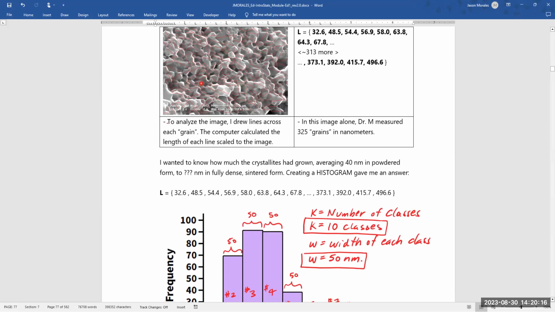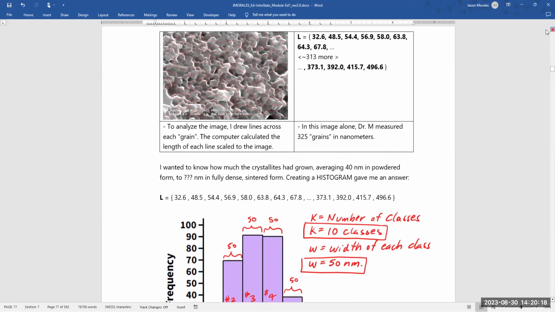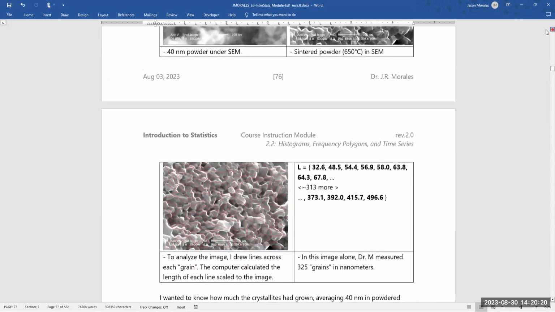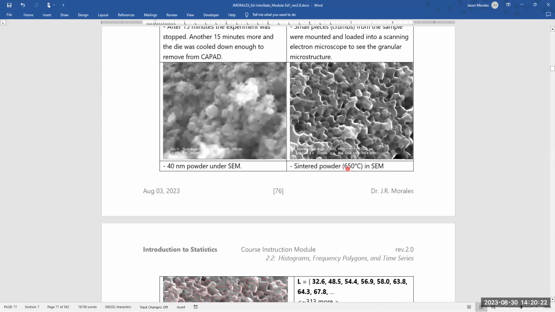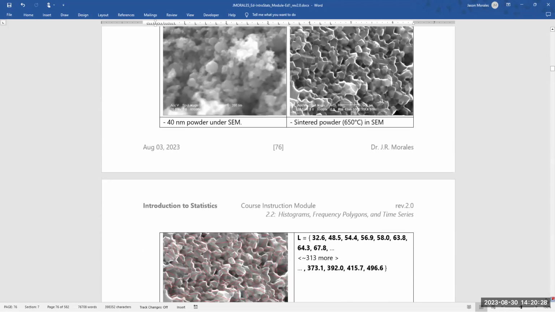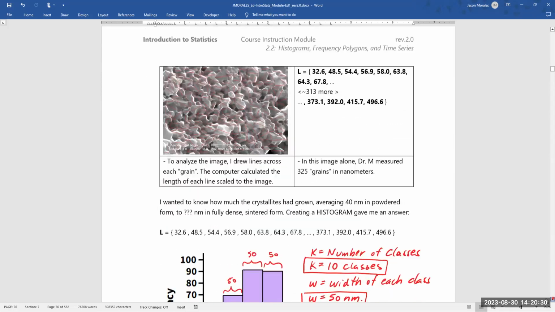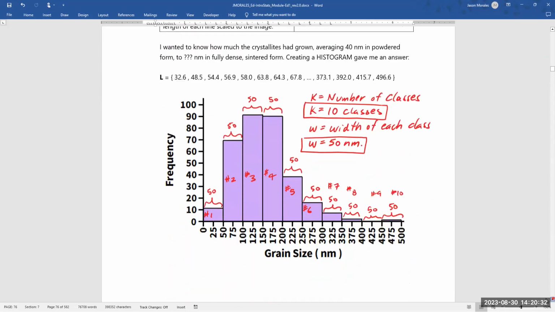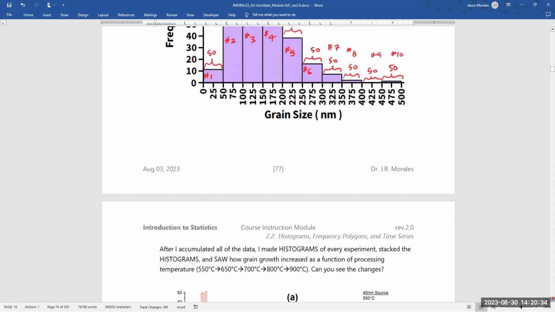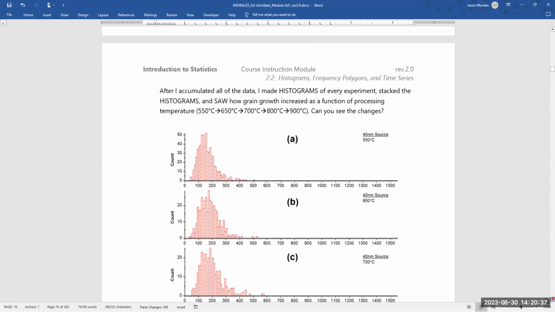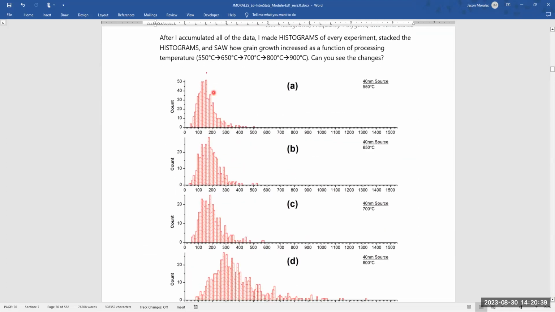So this image was taken of a sample that was heated to 650 degrees centigrade. All right, so what I wanted to do is I wanted to see what the effect temperature had on this powder. So I would take that powder and subject it to several temperatures.